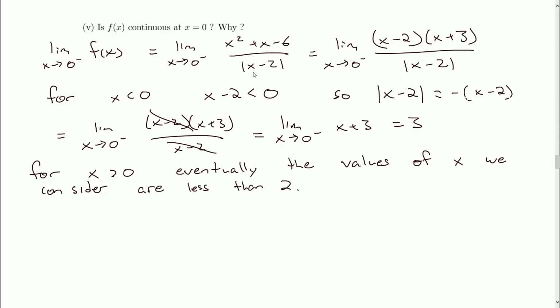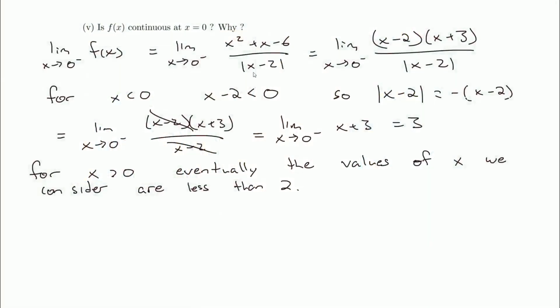So eventually we're going to stop dealing with things like x being 4, x being 3. Those are very far away from the actual value of x equals 0 that we want to consider. The x values are getting closer to 0, so eventually they'll get close enough that I can guarantee that they're less than 2. Okay, think about that. If I can guarantee they're less than 2, then x minus 2 will be less than 0, because x is less than 2, subtract 2 from both sides. So once again, the absolute value of x minus 2 will be negative x minus 2.